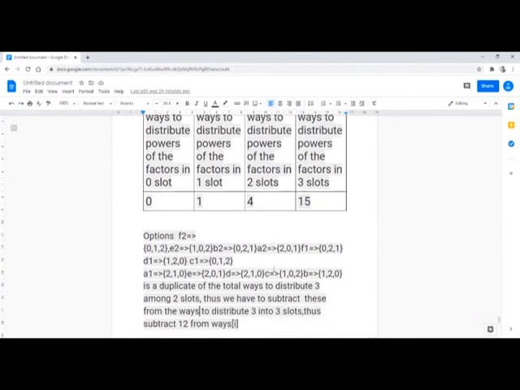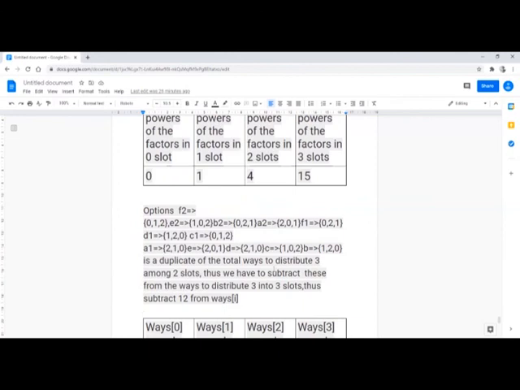Now next what happens is options F2, which is 0 comma 1 comma 2, E2, which is 1 comma 0 comma 2, and B2, which is 0 comma 2 comma 1, A2, which is 2 comma 0 comma 1, F1, which is 0 comma 2 comma 1, D1, which is 1 comma 2 comma 0, C1, which is 0 comma 1 comma 2, and A1, which is 2 comma 1 comma 0, E, which is 2 comma 0 comma 1, B, which is 2 comma 1 comma 0, C, which is 1 comma 0 comma 2, D, which is 1 comma 2 comma 0, is a duplicate of the total ways to distribute 3 items among 2 slots.